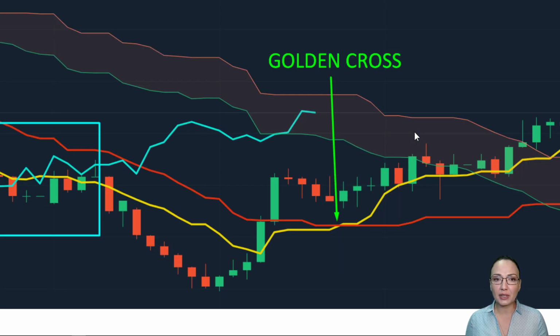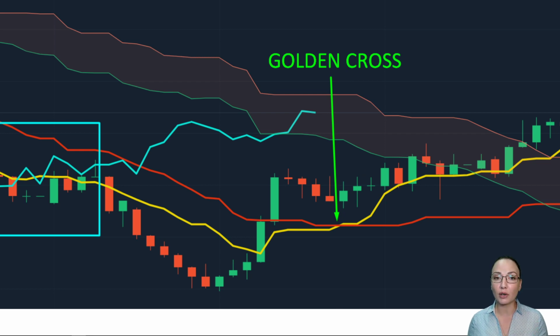The first signal that I want to tell you about is called the TK cross. TK stands for Tenkan-sen line and Kijun-sen line. Again, remember, Tenkan is yellow and Kijun is red. When the fast line yellow crosses the slow baseline red from bottom to top, we have a buy signal. This TK cross is also called the golden cross.